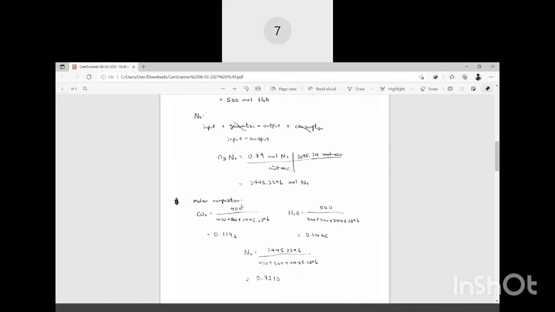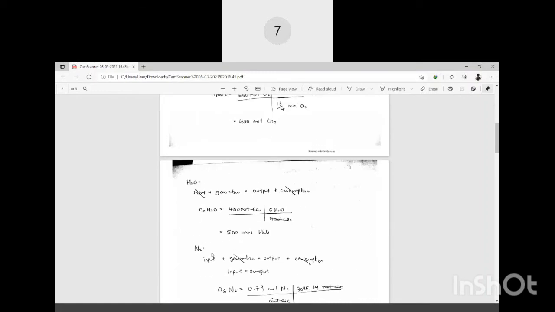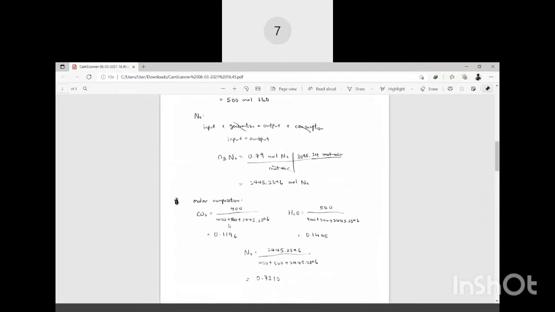So for CO2, on top is 400 and below is 400, just total up everything: H2O, N2, and CO2. It is 0.1196.